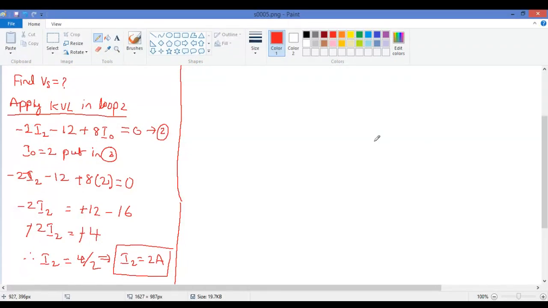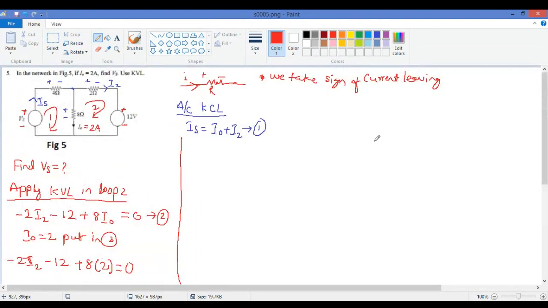Now this value of I2 and I naught we will put in equation 1. See here, this is equation 1. I naught is equal to 2 ampere, and just now we got I2 is equal to 2 ampere.